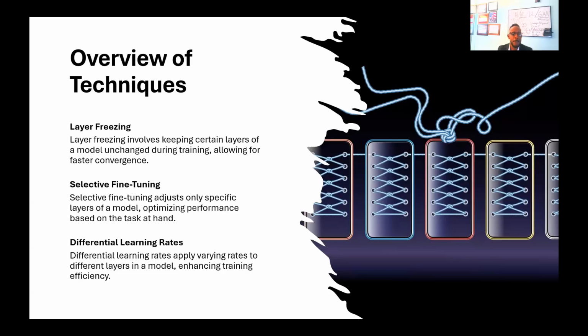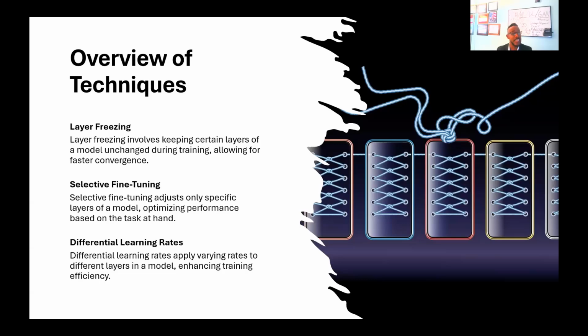Which involves keeping a certain layer of a model unchanged during training, allowing, think about it, for newer models that I'm creating to converge faster, and in this convergence, be ready in my machine learning operations for production.